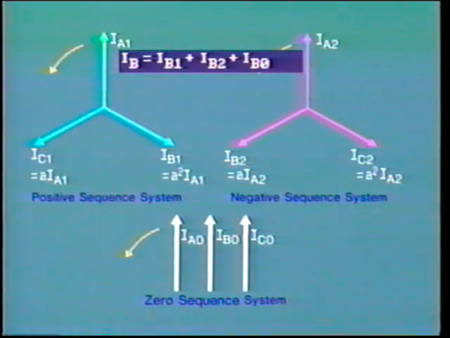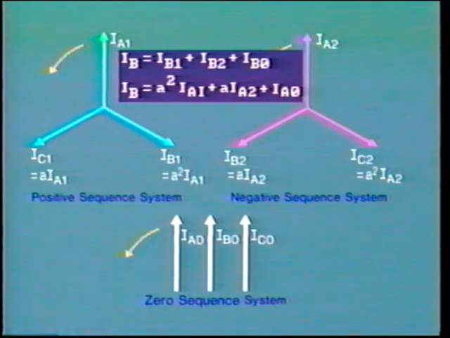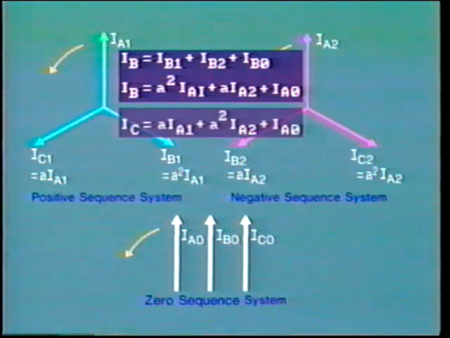For example, IB equals IB1 plus IB2 plus IB0 may be written IB equals A squared IA1 plus A IA2 plus IA0. Similarly, IC equals A IA1 plus A squared IA2 plus IA0.